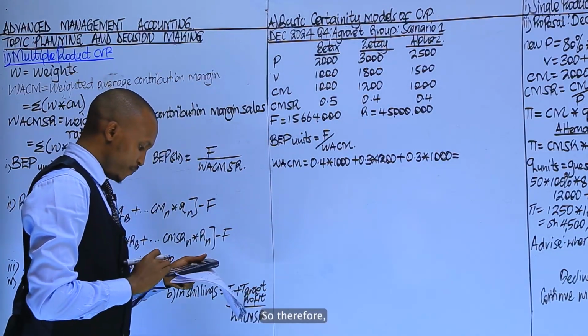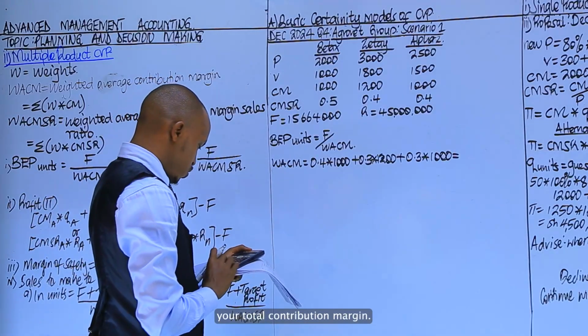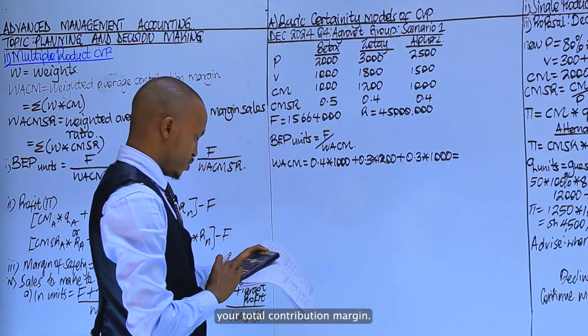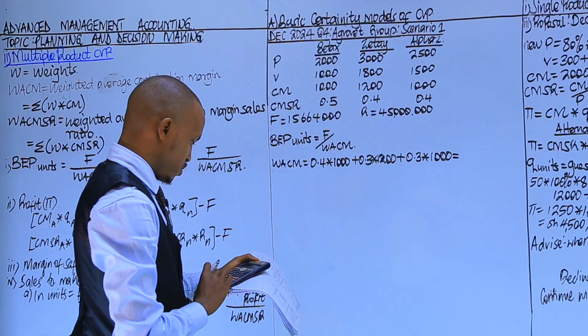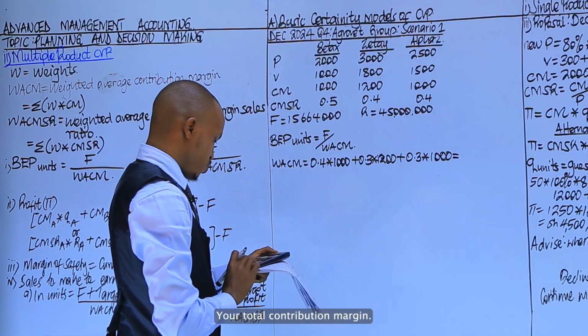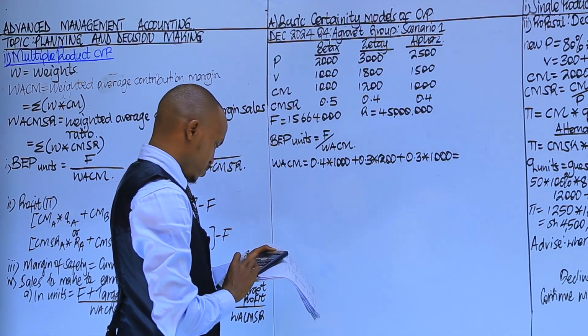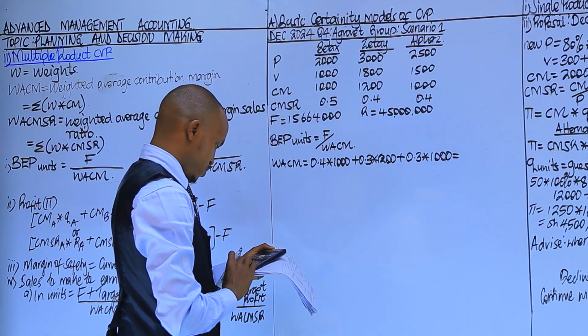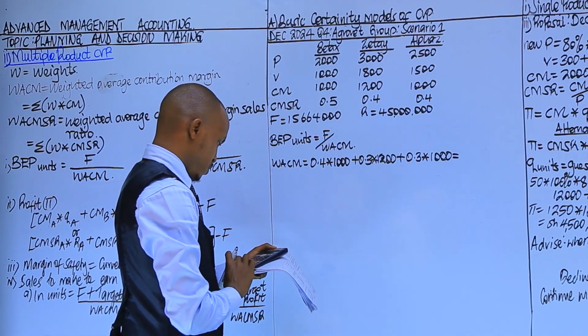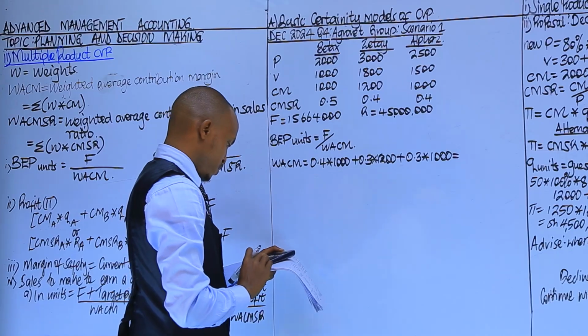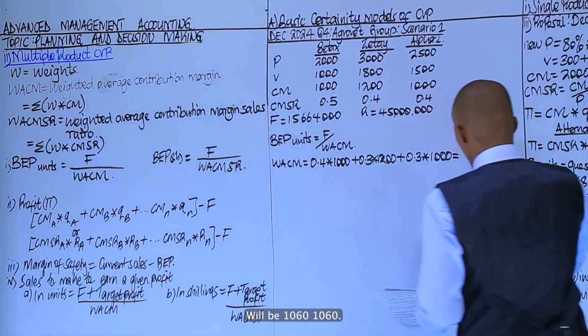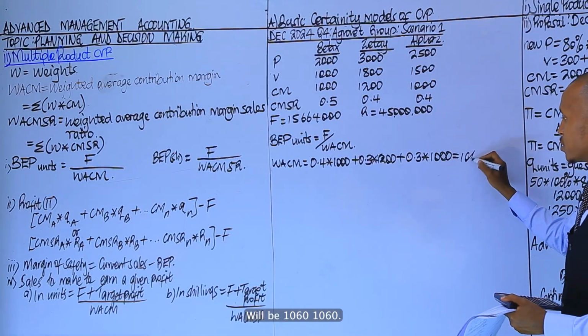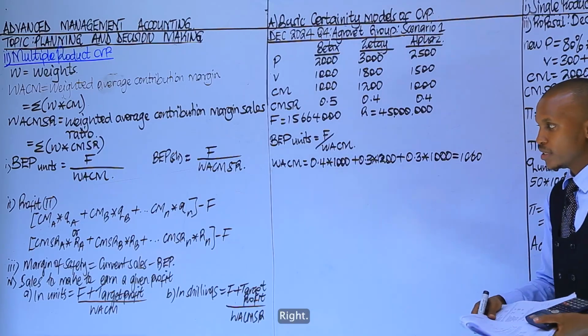So therefore, your total weighted contribution margin will be 1060. Right?